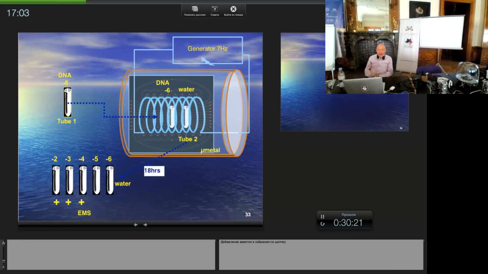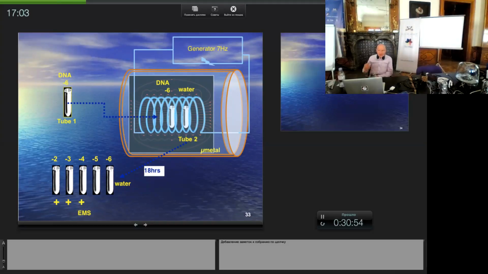They left it for 18 hours together. Then they analyzed this water with the so-called PCR reaction, and they found DNA in pure water. So you see it is transformation of information from DNA to pure water and recreation of DNA in pure water.